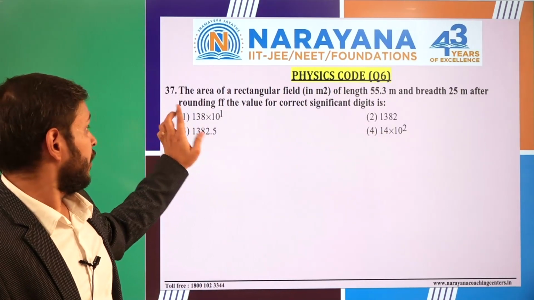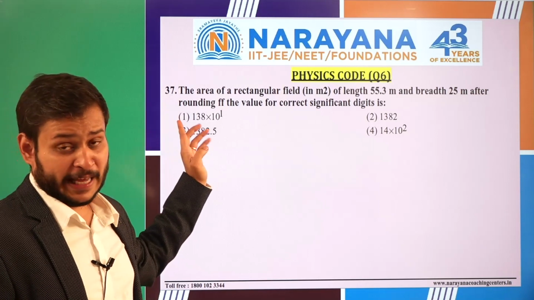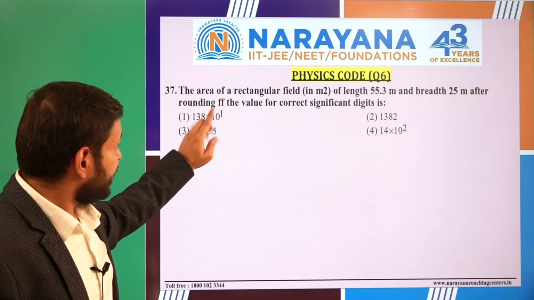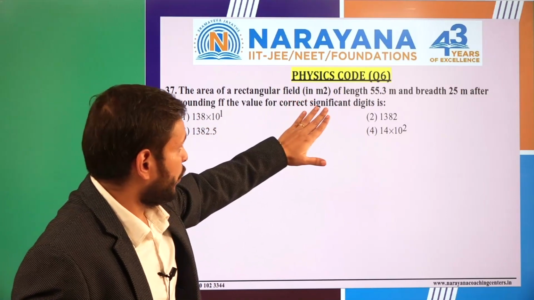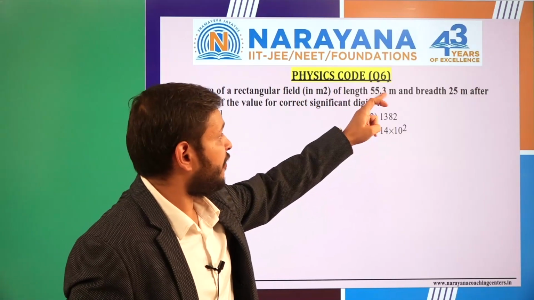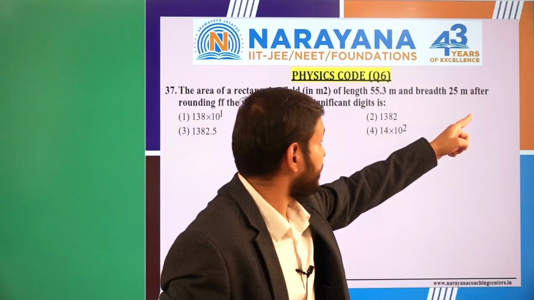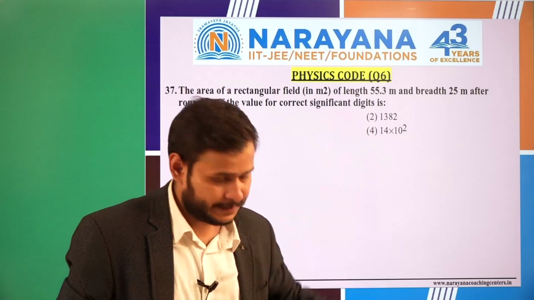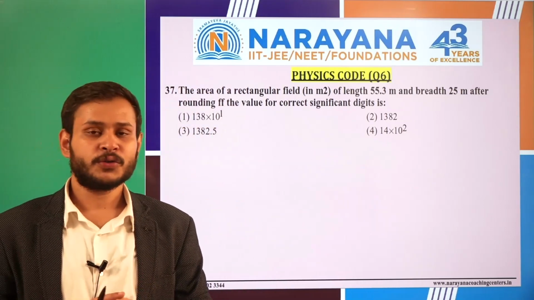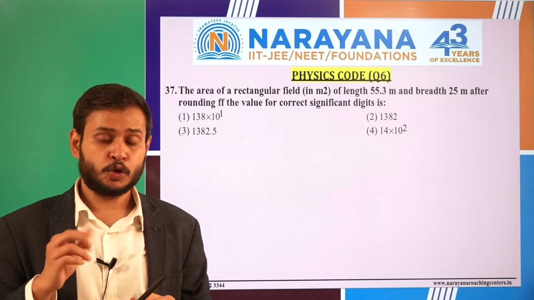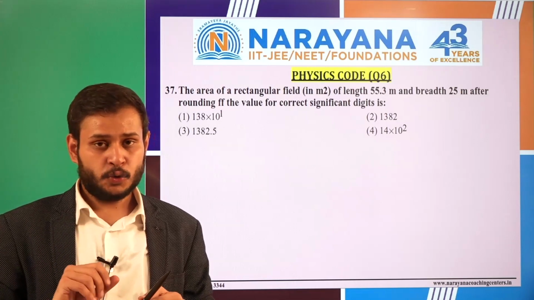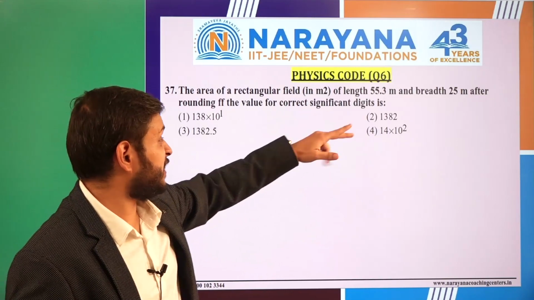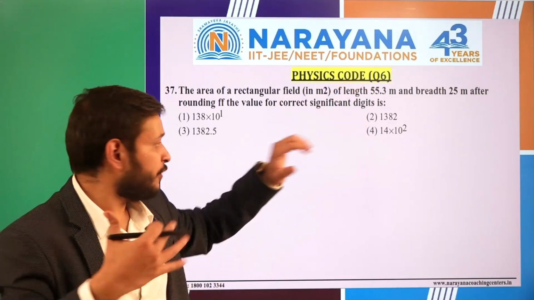This question 37 is basically from units and dimensions, and specifically from significant figures. The area of the rectangular field in meter square, of length 55.3 meter and breadth 25 meter, after rounding off the value to the correct significant digits, is. You should know that when we multiply two quantities, the product will always have the significant figures of the least among the initial ones which we were multiplying.